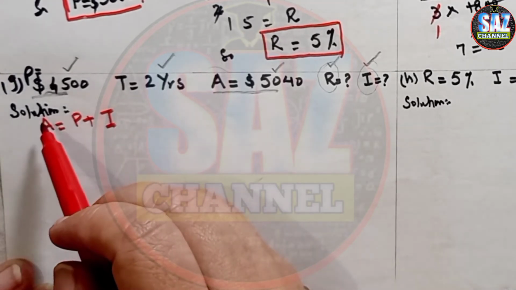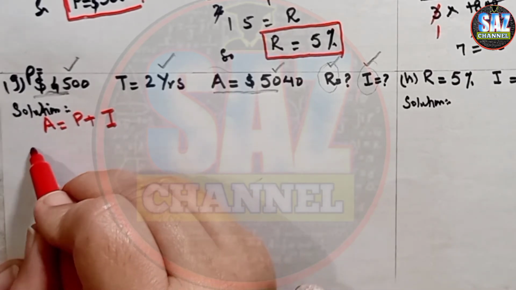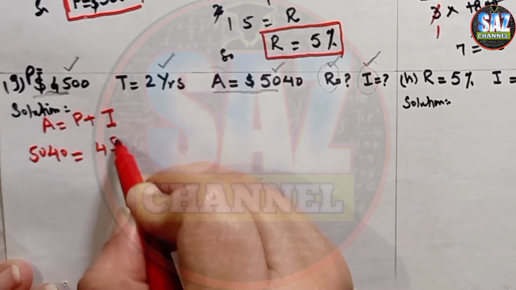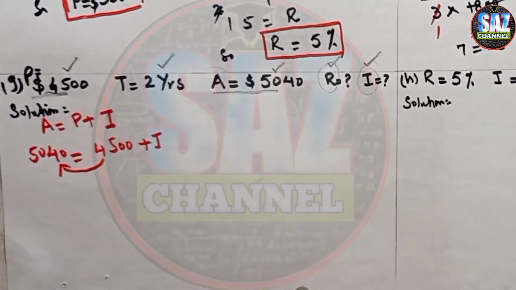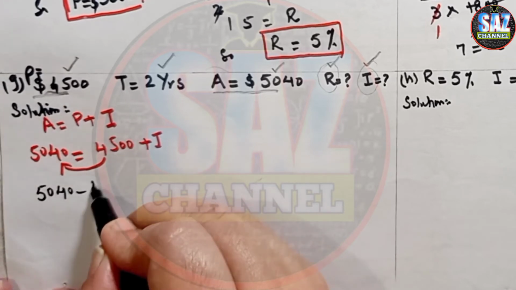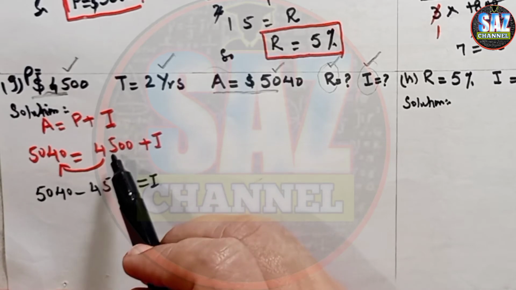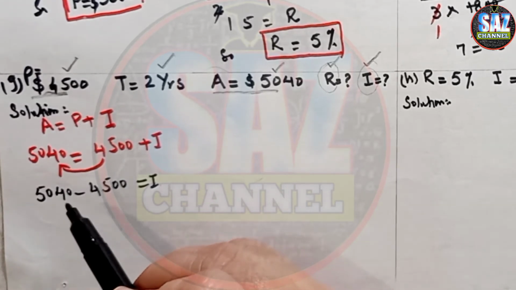Now the amount is 5,040 and the principal is $4,500, plus I. Now I have to shift this 4500 to the other side, and the equation takes the form 5040 minus 4500 equals I, as we are transporting the term from one side of the equation to the other, so we have to change the sign.